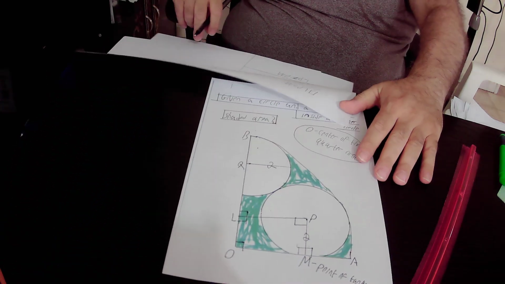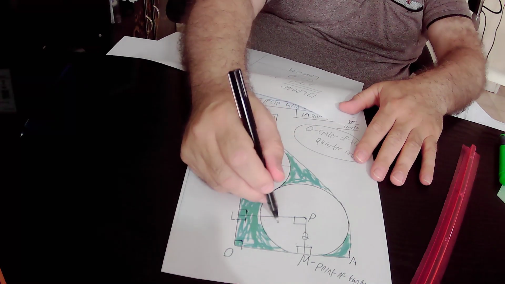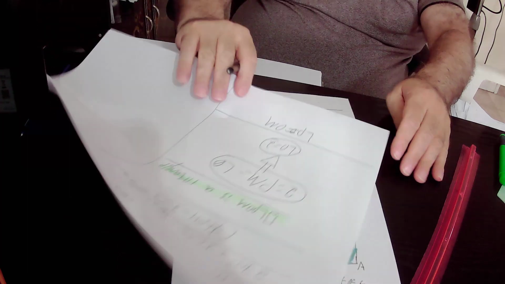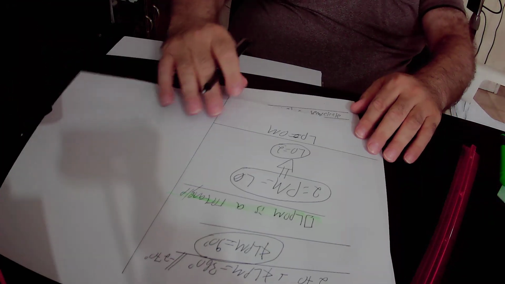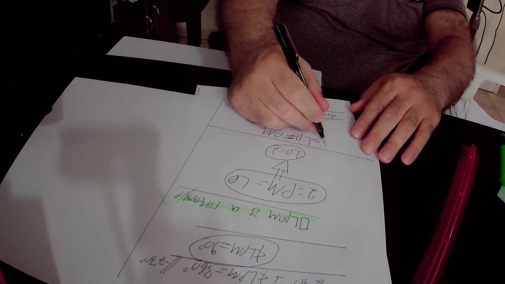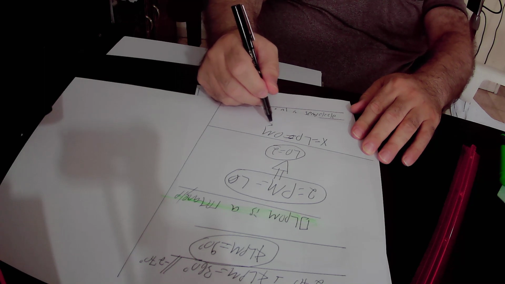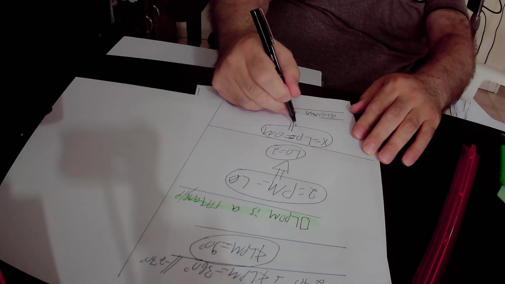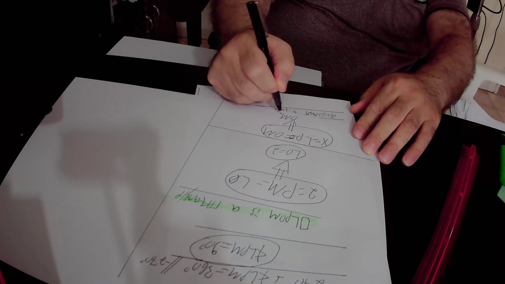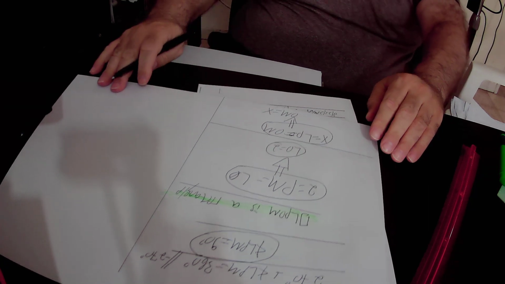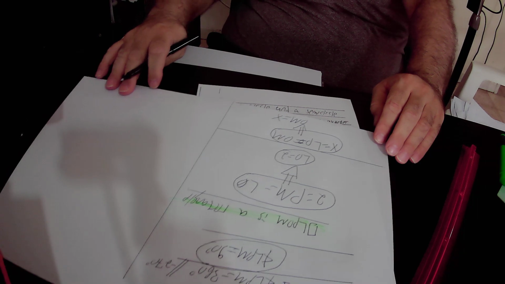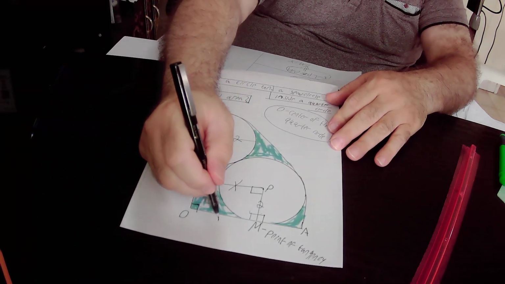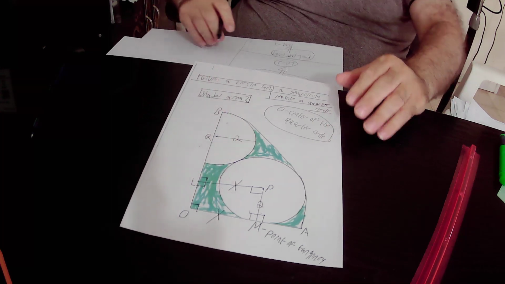And if we define side LP as X, then side LP equals X according to our definition. So from this equation, X equals LP equals OM, we derive that OM is also equal to X. Side OM equals X.